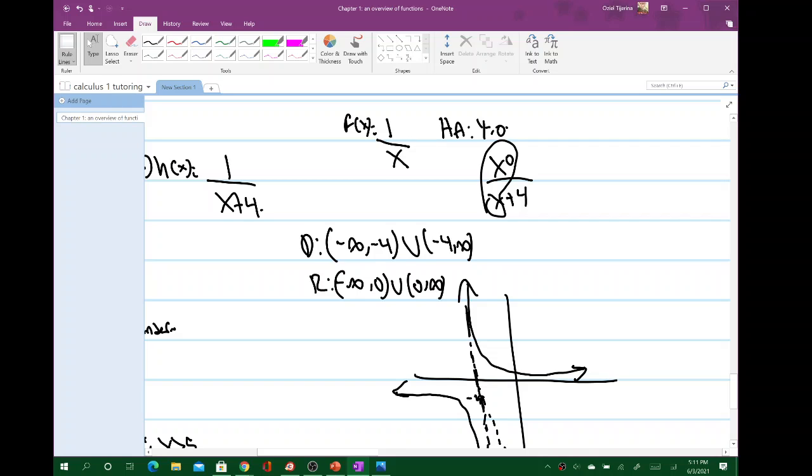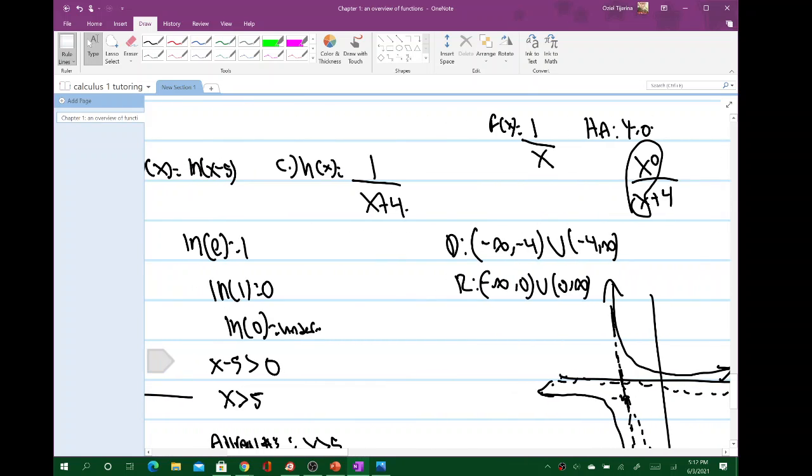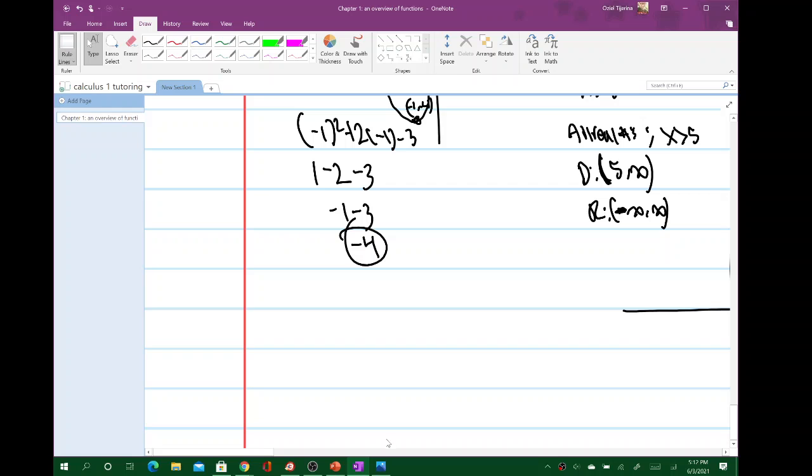Are we including 0? No, we're not including 0 on this one, because that's what the horizontal asymptote is. It's y equals 0, so that means that the graph can never reach it, right? So that's the domain and range for this one. Okay.